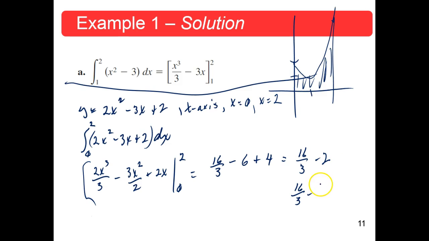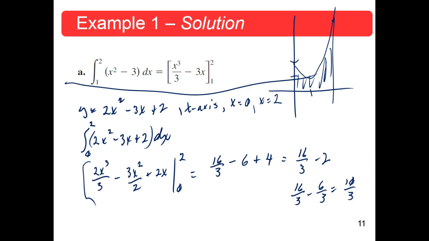How many thirds are in 1? Ooh, you must be tired. 6 thirds. That's 6 thirds, okay. And this will be 10 thirds. All right, yes, they got it right.